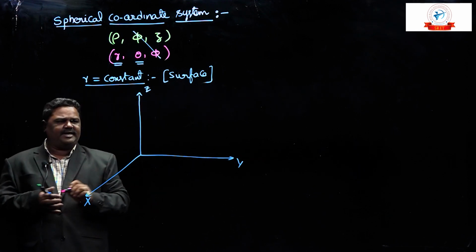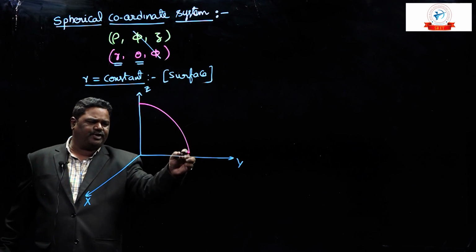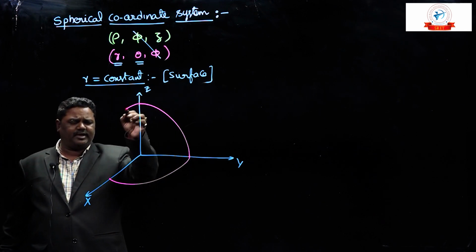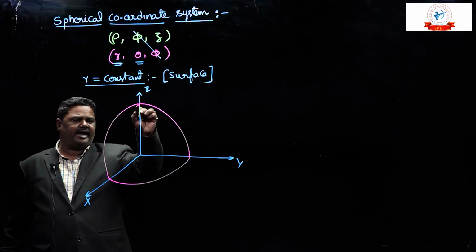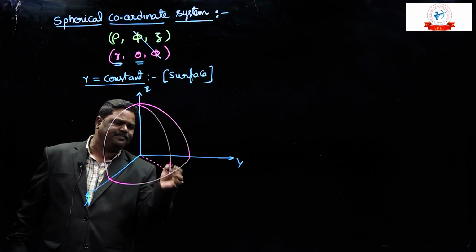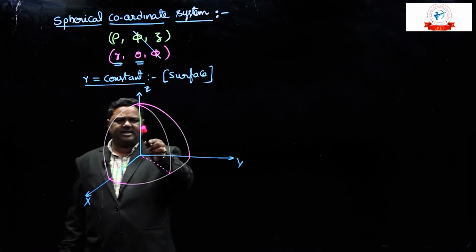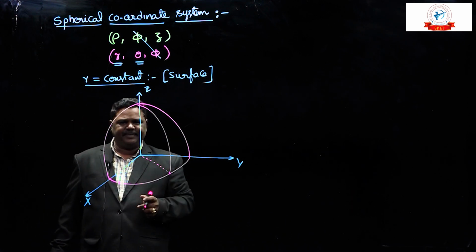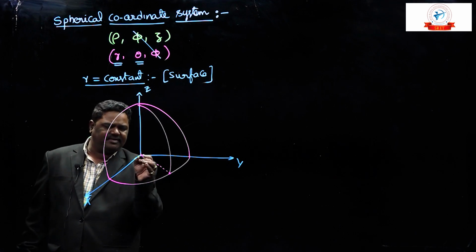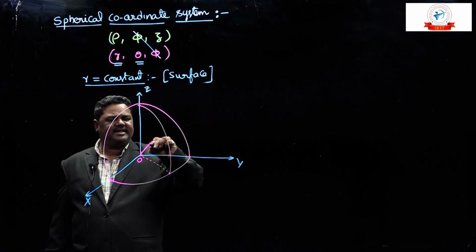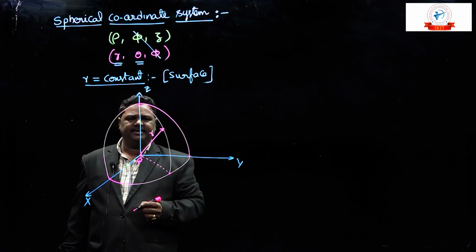Here I am going to show you only a small portion of the sphere, not the entire sphere. This is the small part of the sphere which is present only in the first quadrant. The center of the sphere is at the origin and the radius of the sphere is r.